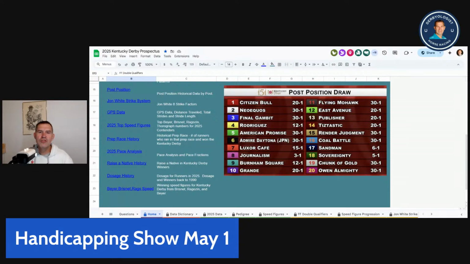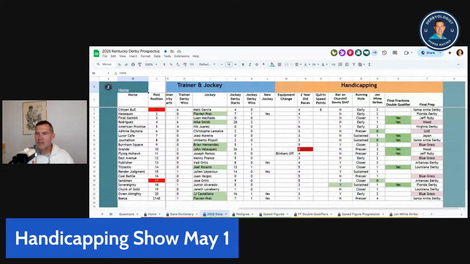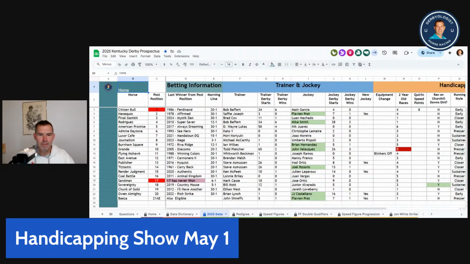Friday night, I will do a show kind of recapping the Oaks, and we'll go over this sheet, and start to look at the early betting on the Kentucky Derby. And tomorrow night, if you have time to look at this spreadsheet and have some questions, we can answer a few of those questions as well. But I wanted to get the spreadsheet out there and get it in everybody's hands so you can take a look at different information.